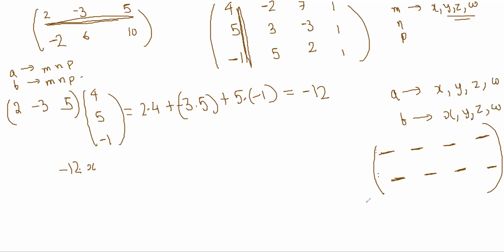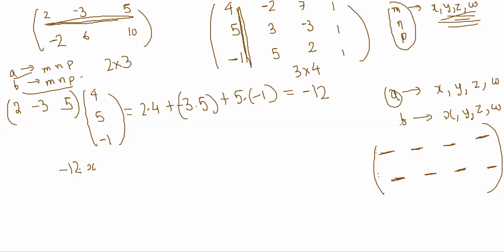You see, here A and B had three variables, no? So you had a 2 cross 3 matrix, right? And here M and P were written in terms of 4 variables. So you had a 3 cross 4 matrix, 3 rows for each of the M and P and 4 columns for each of the variables, right?